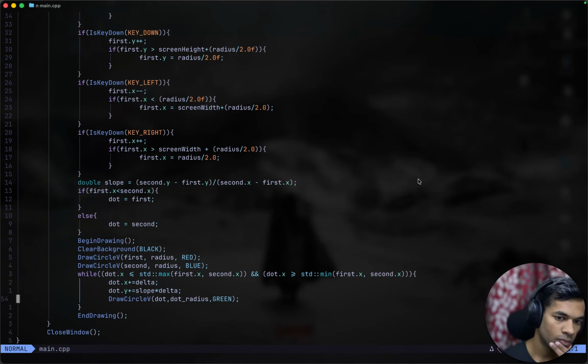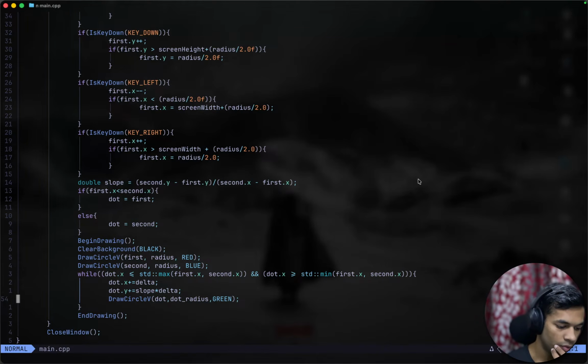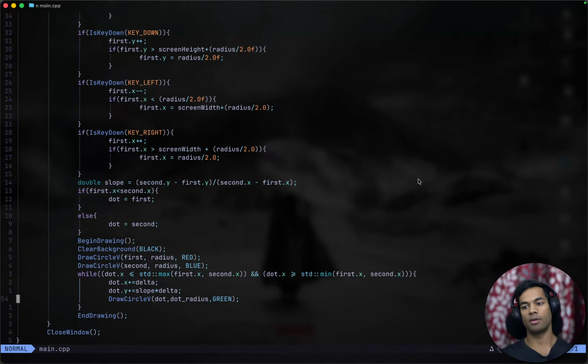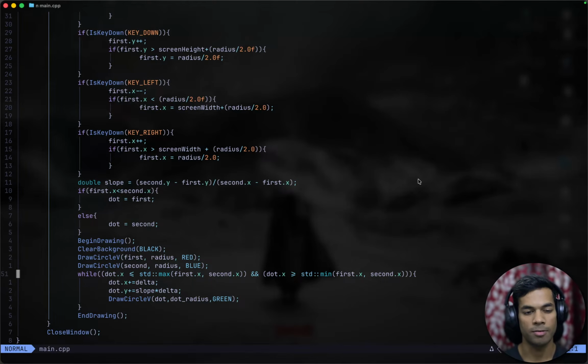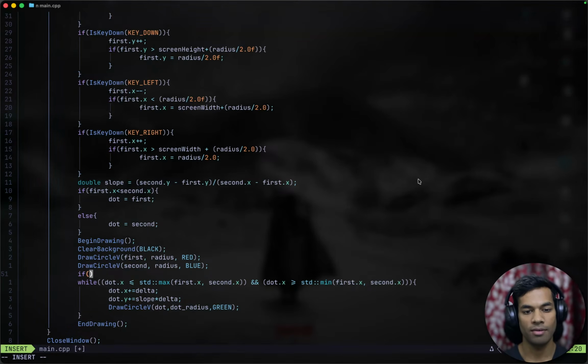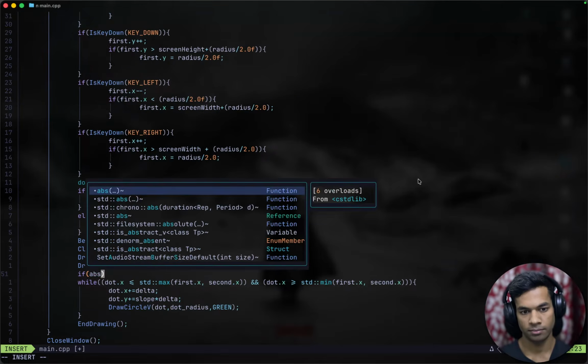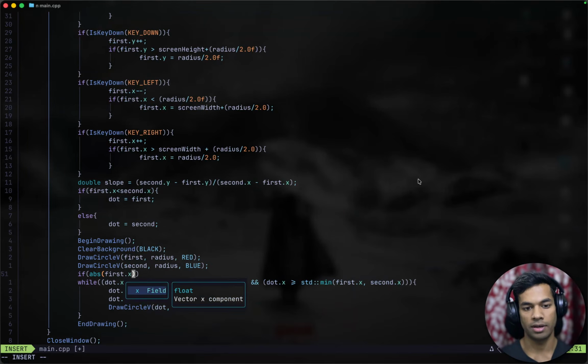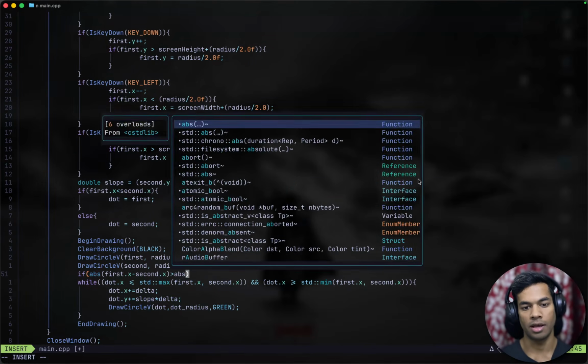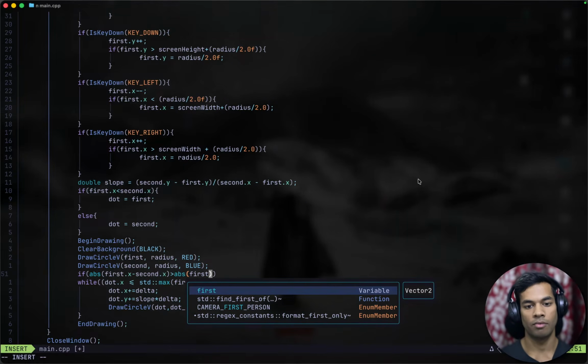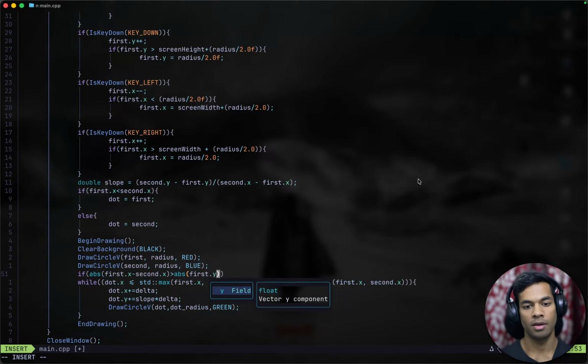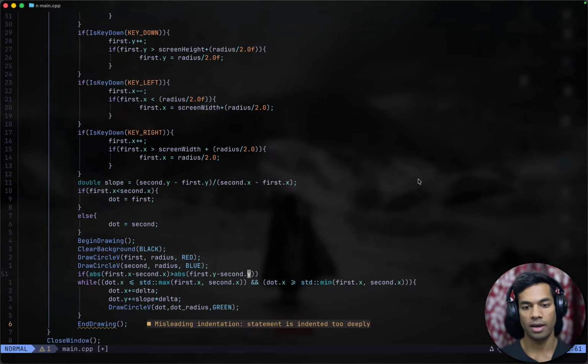Okay, so how do we see? We can see which distance. Yeah, we can see if absolute of first dot x minus second dot x is greater than absolute first dot y minus second dot y.